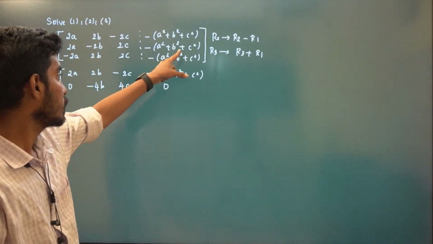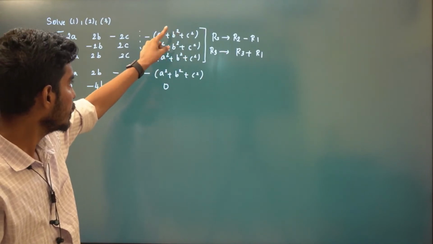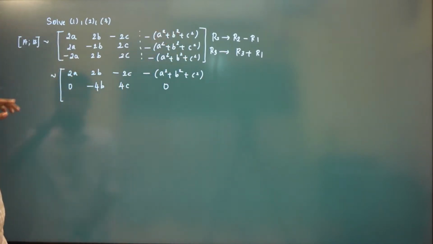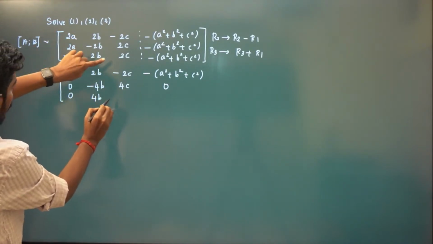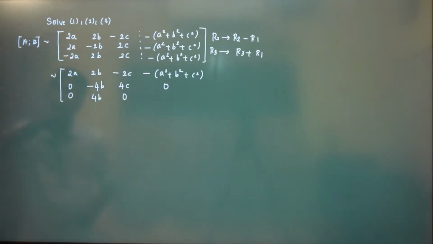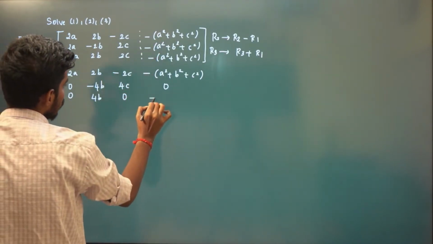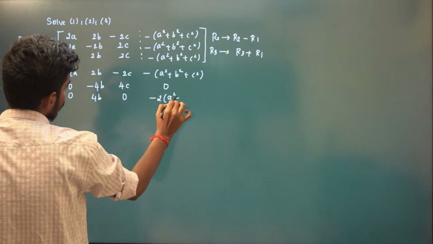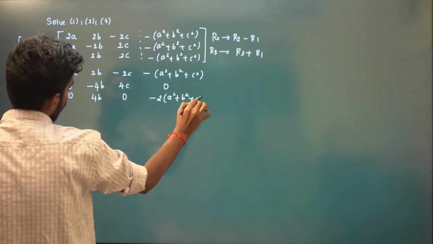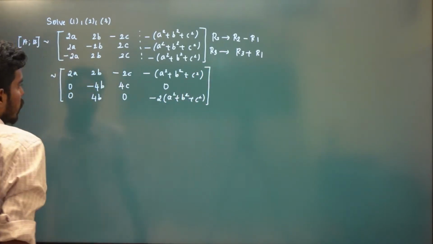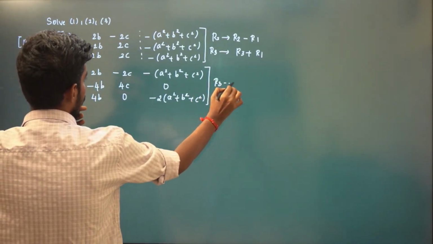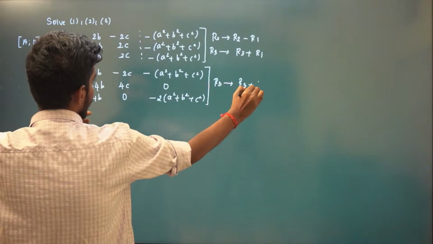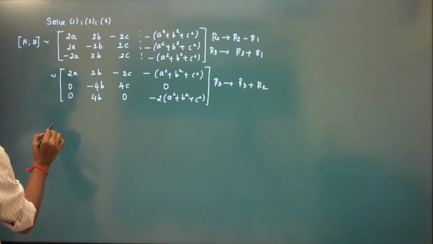So minus of minus will be plus. And R3 plus R1, right? Now if you add this, you will have minus 2 times (a² + b² + c²). Now we'll make use of R3 transformed to R3 plus R2, so that 4b minus 4b will be 0.